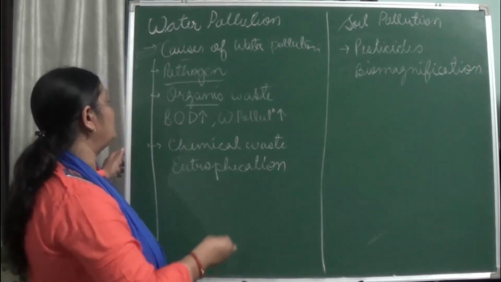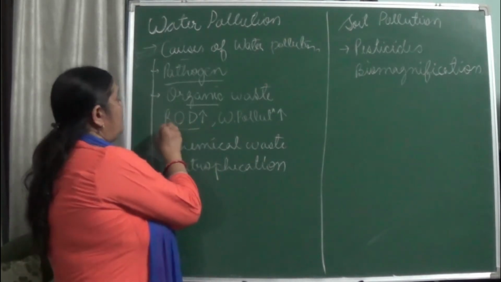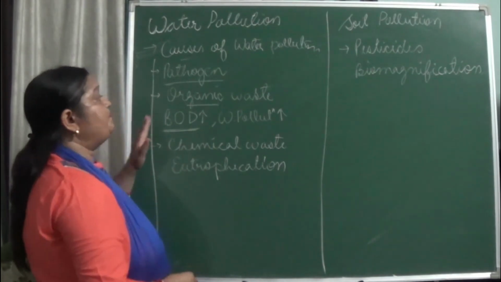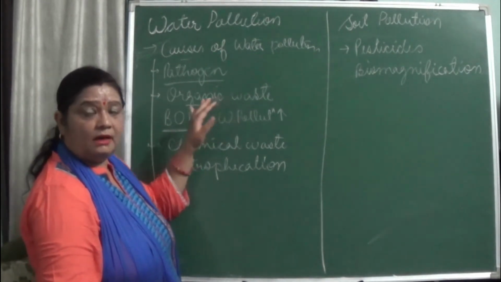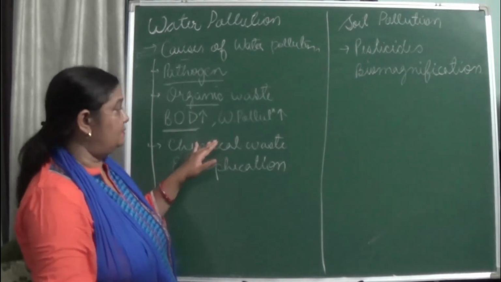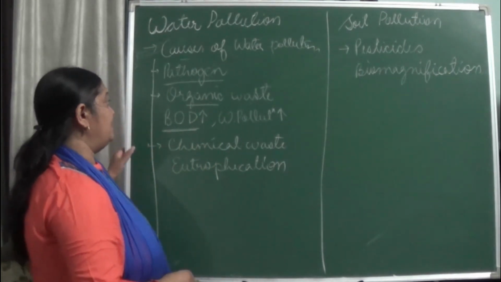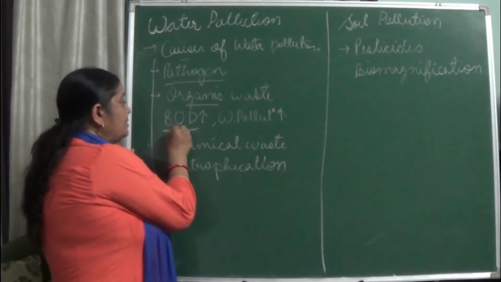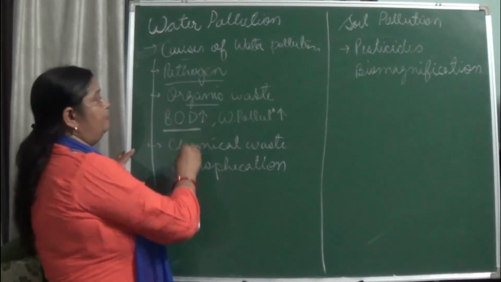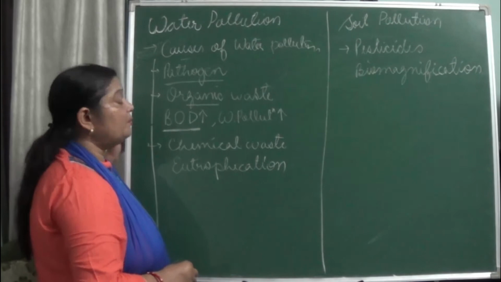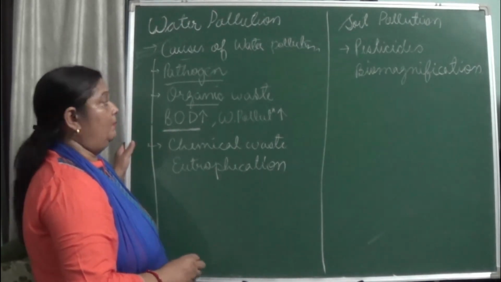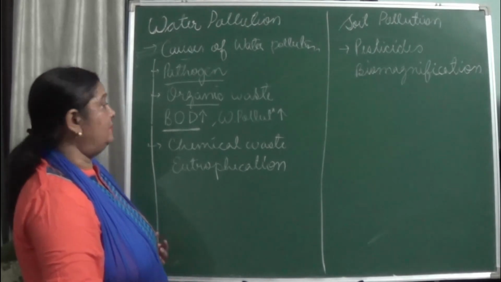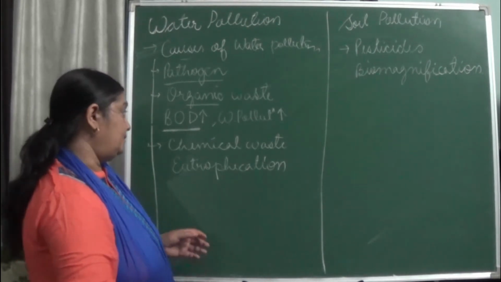This biological oxygen demand arises due to the organic waste being decomposed by the microorganisms. This is a very alarming condition, because if the biological oxygen demand increases, the aquatic animals present will not survive properly.